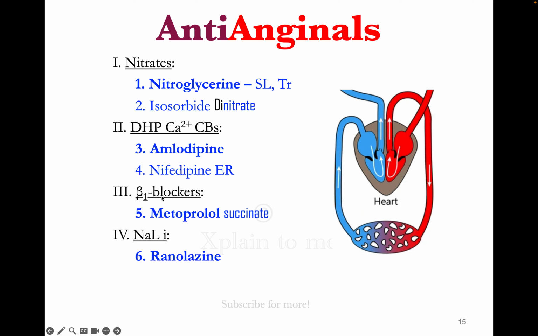Beta blockers. Let's look at beta blockers. Why is it good for stable and unstable angina? We already discussed that. Whenever I mention beta blockers, I want you to remember beta 1 blockers for anti-anginals. What is the reason? I'm going to distinguish them from the other non-specific beta blockers like propranolol, which is not cardio-specific.